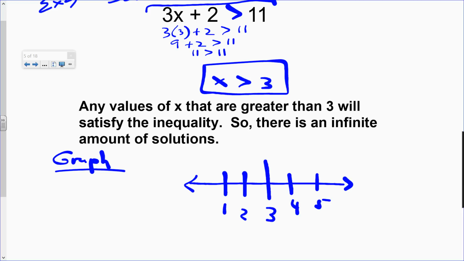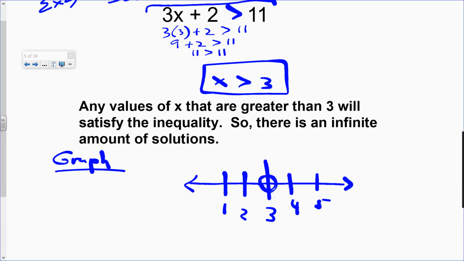Only anything greater than 3. Look, x has to be greater than 3, not equal to 3. So that means at the number 3 on my graph, I'm going to put an open circle. Do that with me. I put an open circle at the number 3 because that's communicating that 3 is not a solution. Only numbers bigger than 3 are solutions.